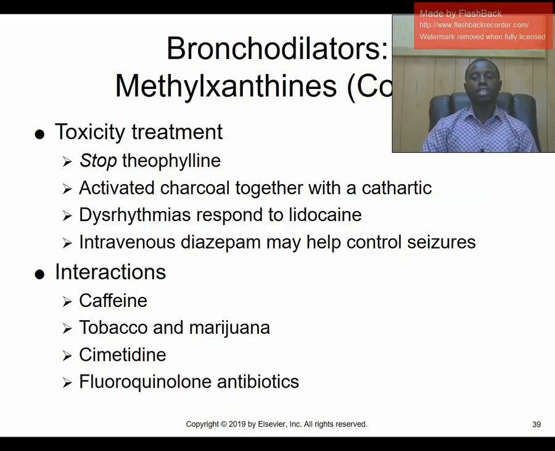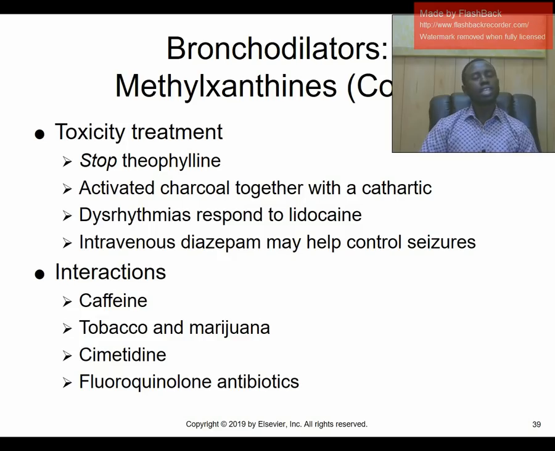And then with dysrhythmias, the provider is going to respond by giving lidocaine, which will reduce the contractility of the heart muscle. Intravenous diazepam, which is an anti-seizure medication or a benzodiazepine, will help to control the seizures.